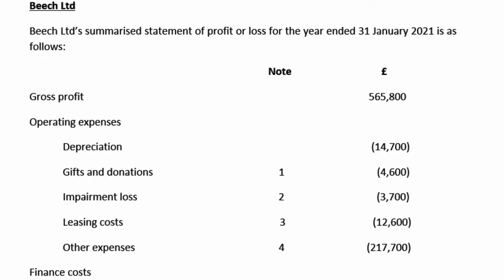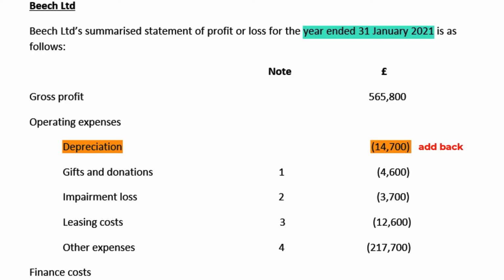The second part of the information in the question, part B for 6 marks, relates to Beech Limited. So the summarized statement of P&L for the year ended 31st January 2021 is as follows. We have gross profit 565,800, then operating expenses: depreciation, disallowed by statute as it relates to capital expenditure, that will definitely be an add back.